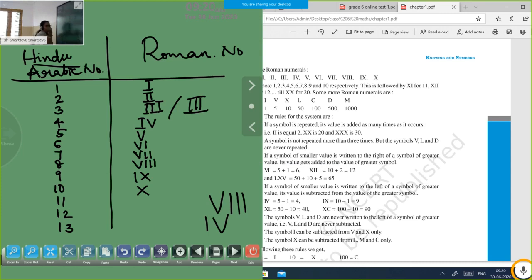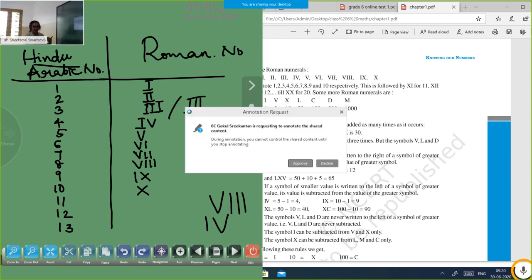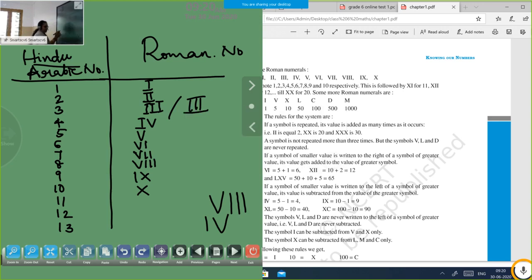So if you subtract 1 from 10, you put I to the left side of X. So 9 is IX.